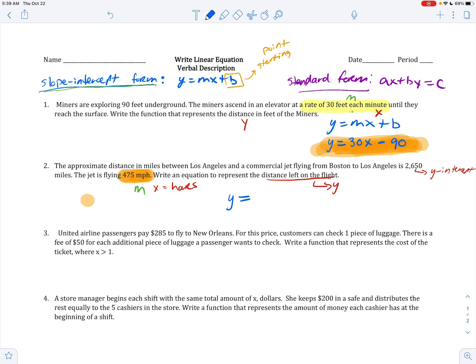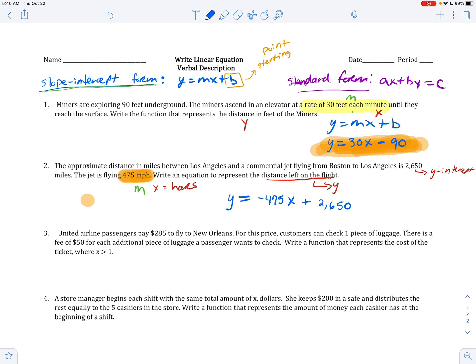So this 475 needs to be negative. So this is a negative 475x per hour plus 2,650. You may say, Miss, I don't understand how you got that.